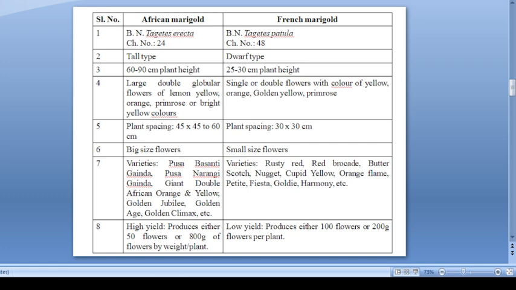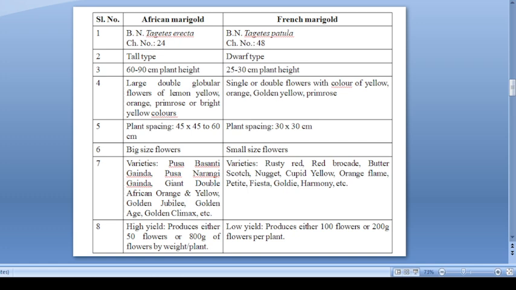Normally the African one will be tall in nature, and the height will go up to 90 centimeter, and the flowers will also be bigger in size. We can see different colored flowers, even lemon or yellow colored flowers. Since the height is more, it requires more spacing compared to French marigold.